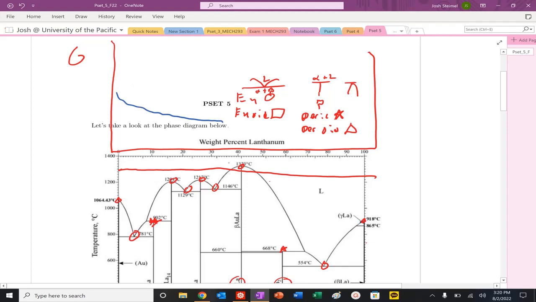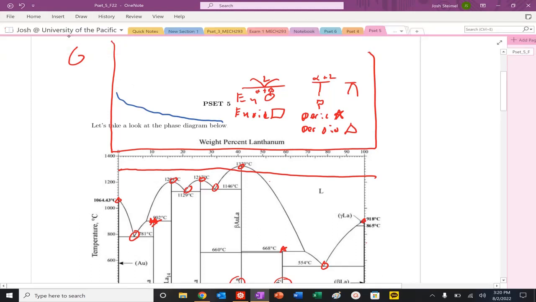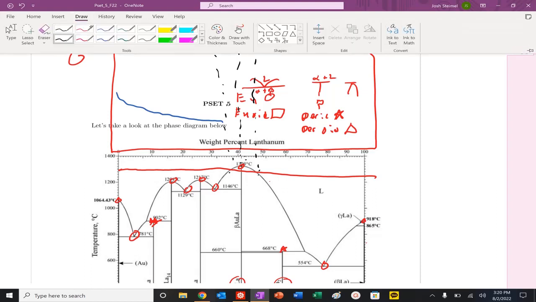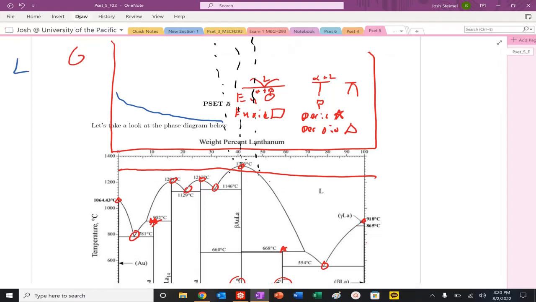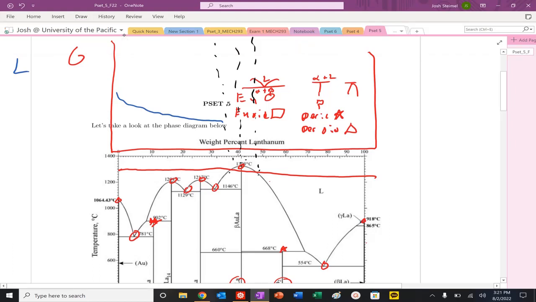When I'm drawing these, I want the dashed lines where I intersect these regions, and then I'm going to have a single point right here. Those dashed lines are where my common tangents are going to occur. So blue is my liquid, and then my other curve is just going to be this beta.